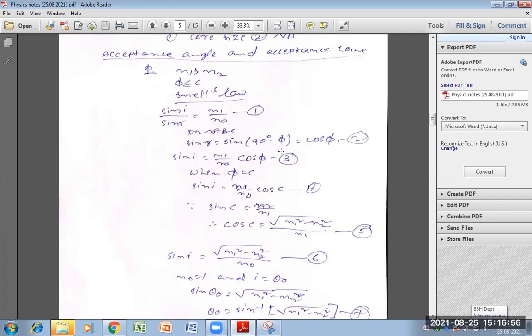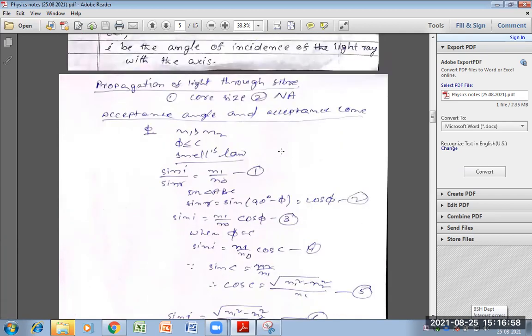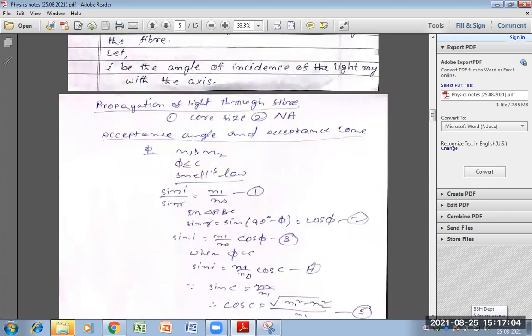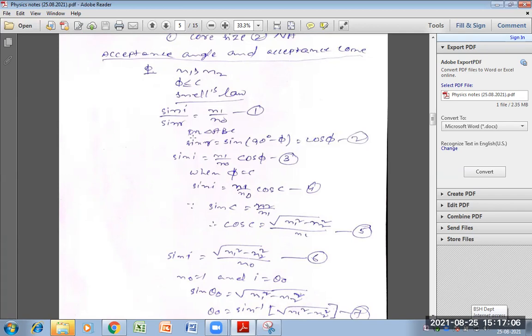When this angle phi is equal to the critical angle, equation 3 can be written as sin I is equal to N1 by N0 cos C, equation 4. But we know that sin C is equal to N2 by N1.